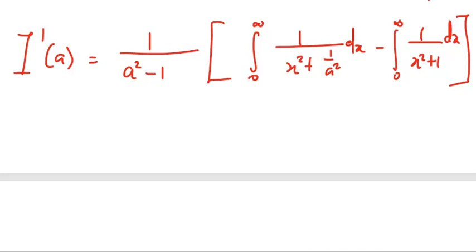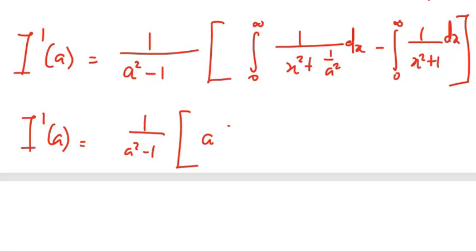Okay, so here I prime of a is going to be equal to 1 over a squared minus 1 in brackets. So this is going to give us 1 all over 1 over a, the arctangent of xa, which is the same as a multiplied by the inverse tangent of ax.